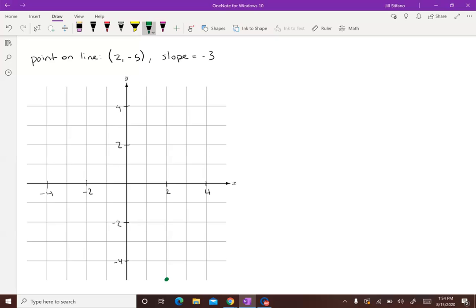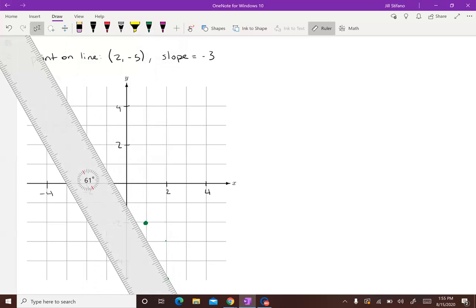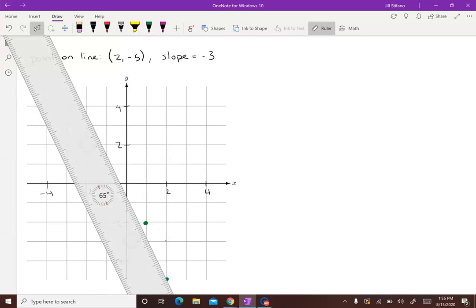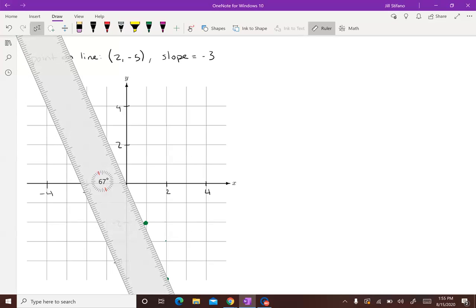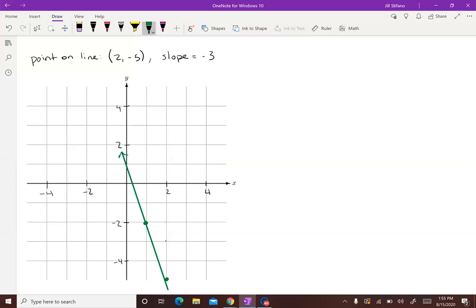So we want to count up 3, 1, 2, 3, and then over 1 in the negative direction. Now we have 2 points of our line, so we can draw this like that. Great, so we have our graph of the line.